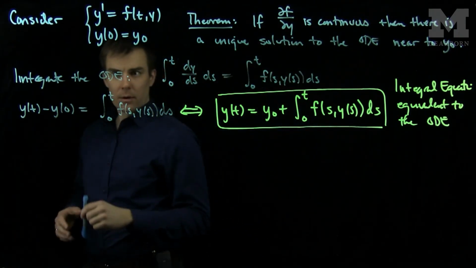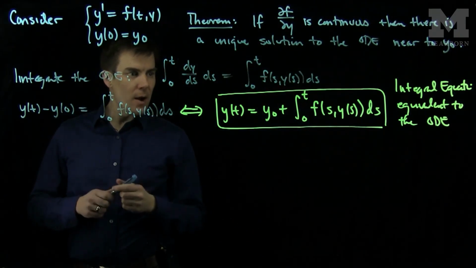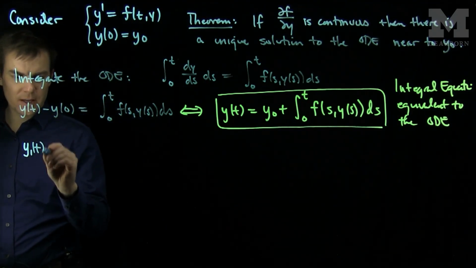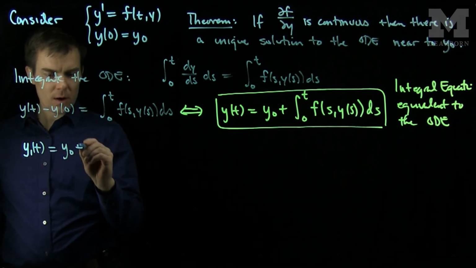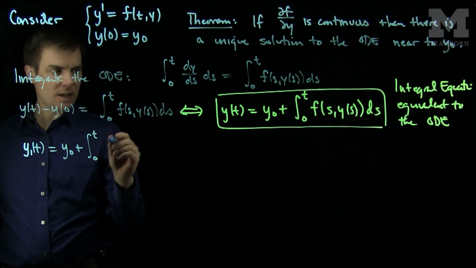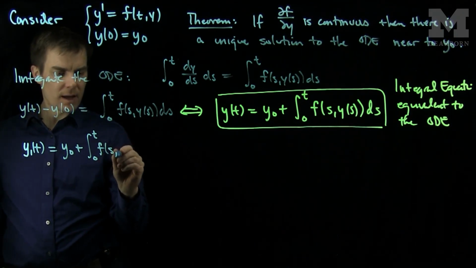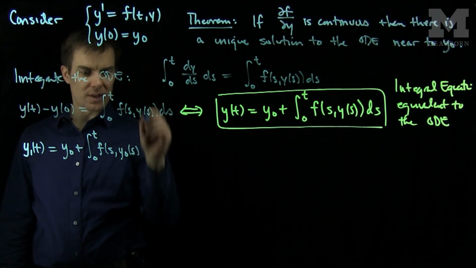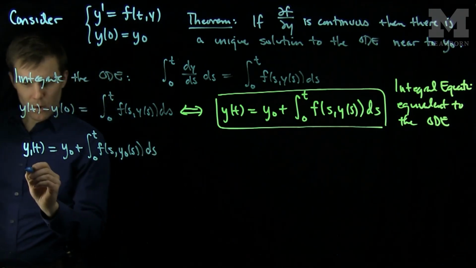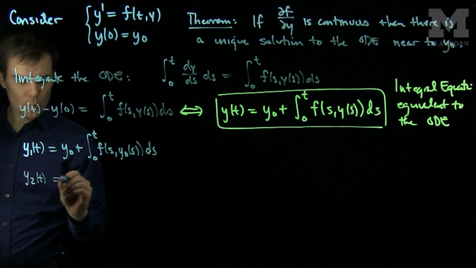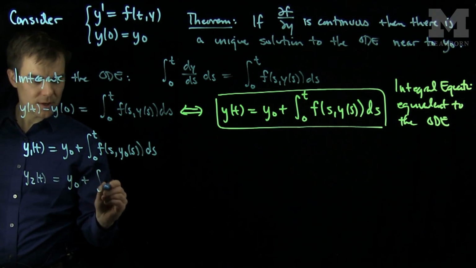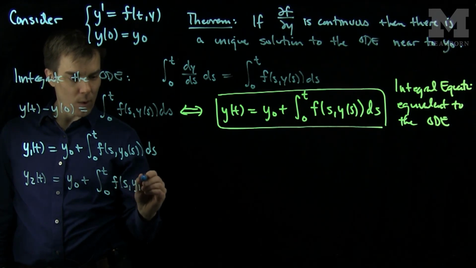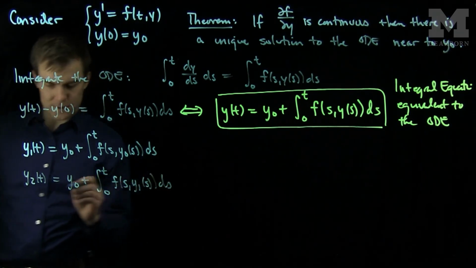Once we have this integral equation formulation of the ODE, we can now construct an iterative sequence. I can define y1 of t to be y0 plus the integral from 0 to t of f of s and y0 of s, where y0 is just what's given to us, ds. y2 of t will be y0 plus the integral from 0 to t of f of s and then y1 of s ds.